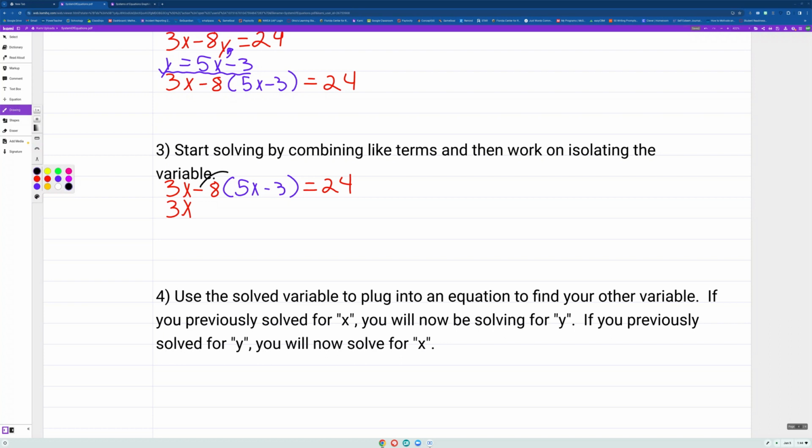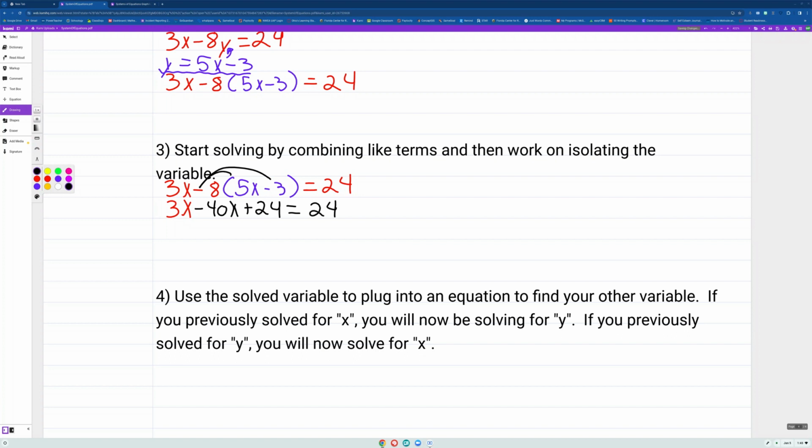So negative 8 times 5 is negative 40. And I forgot to say it's not just 5, it's 5x, which means that this is also going to be negative 40x. And then negative 8 times my negative 3 gives me a positive 24. And this is going to be equal to 24.